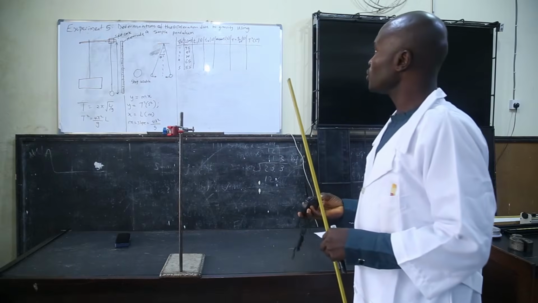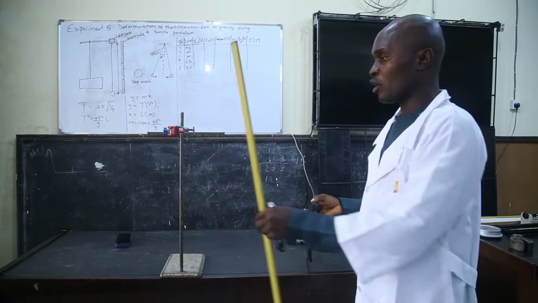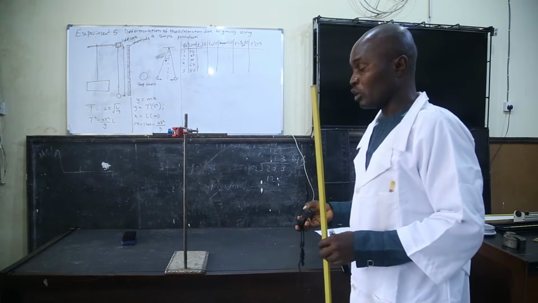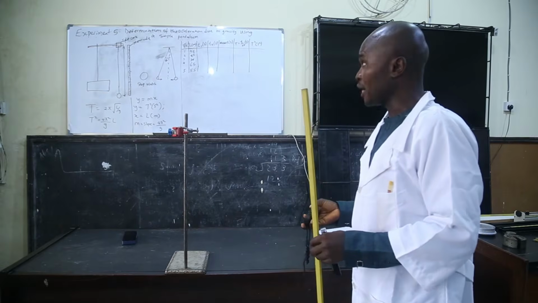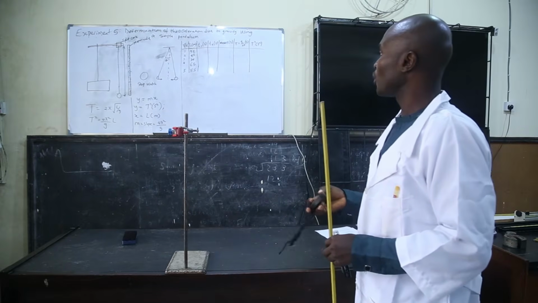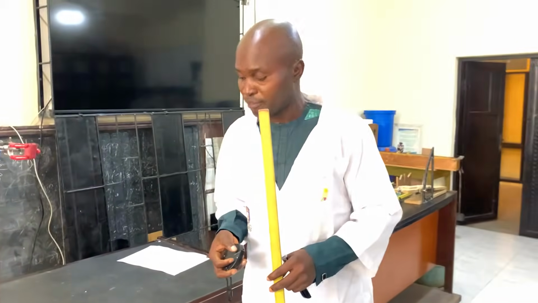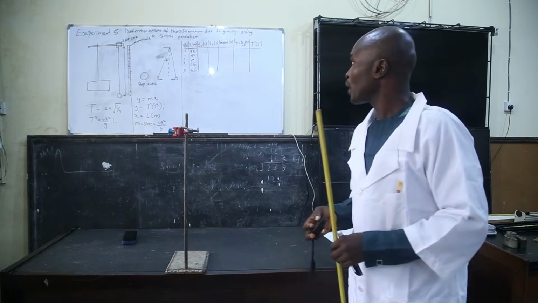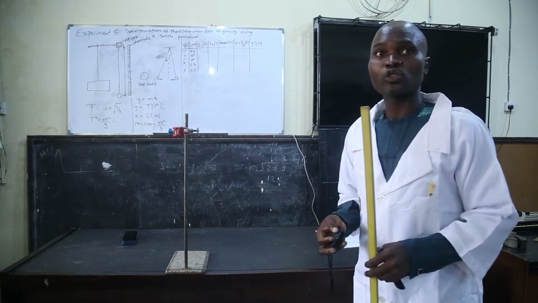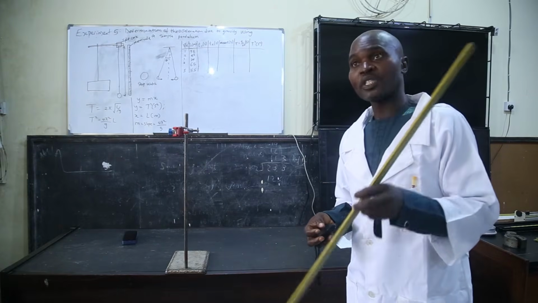We are going to measure different lengths of this thread. As displayed on the board, we have 95, 85, 75, and 55, which is in centimeter. But for your experiment, you are going to convert this centimeter to meter. As you know, your meter rule is measured in centimeter, then you convert this to meter.